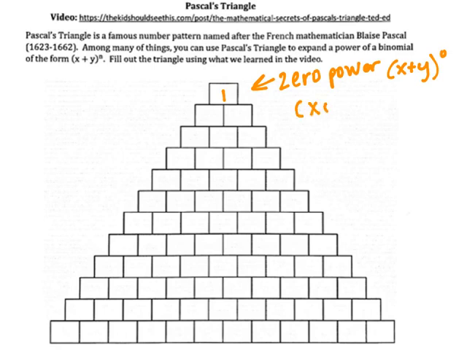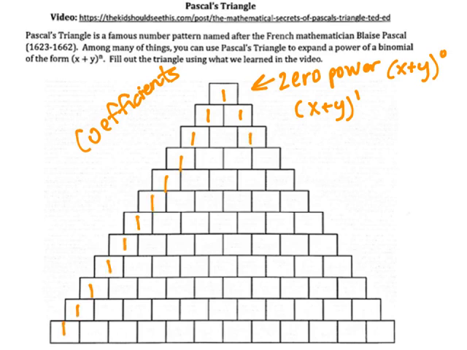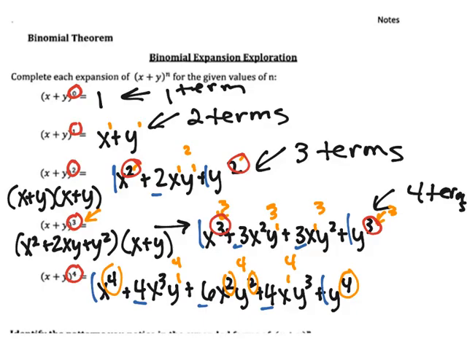Okay, then if you had x plus y to the first power, you're going to use 1 and 1 as your coefficients. So this is what you use for your coefficients. And then what happens here is all of these are going to begin with 1 and end with 1, based on the pattern that we noticed back here.